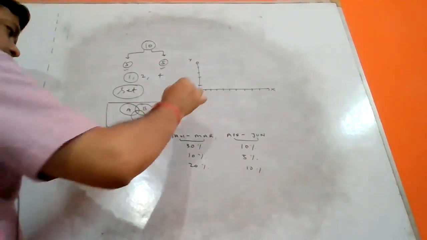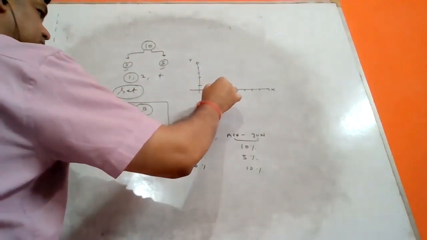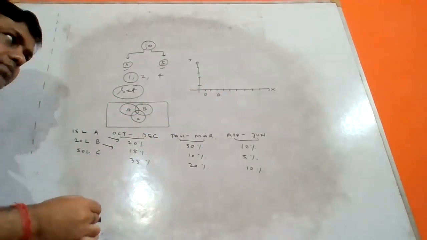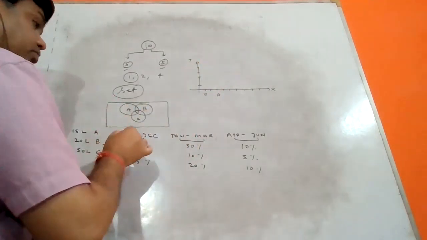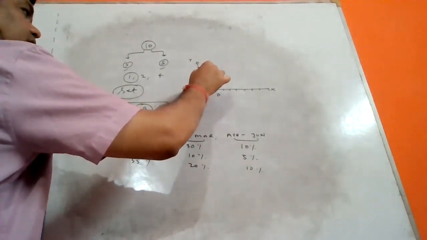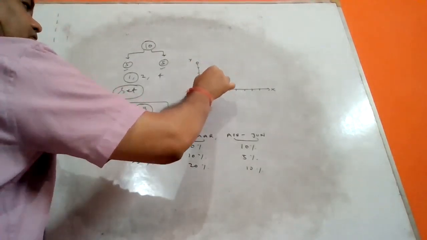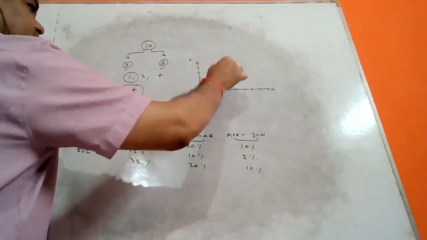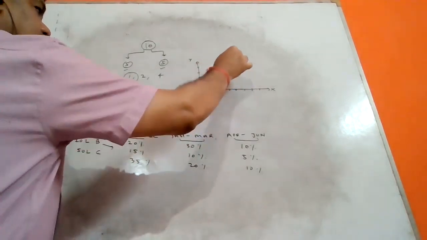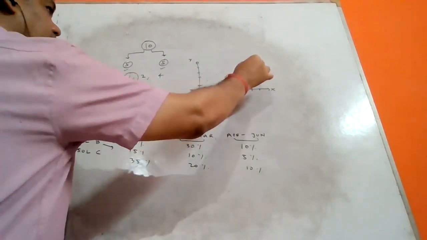For example, if they ask October to December, the cases are 20%, 30% of the total population. You have to calculate and put down the value. Then November is this one, December is this one, January, February, March, and so on, with increases and decreases.